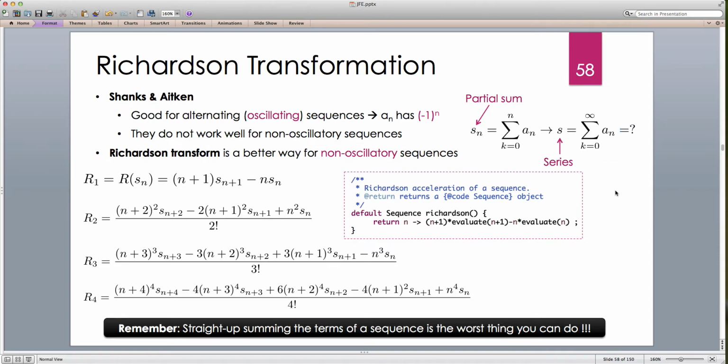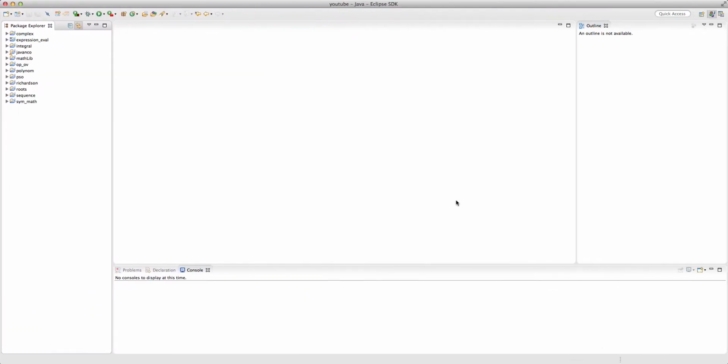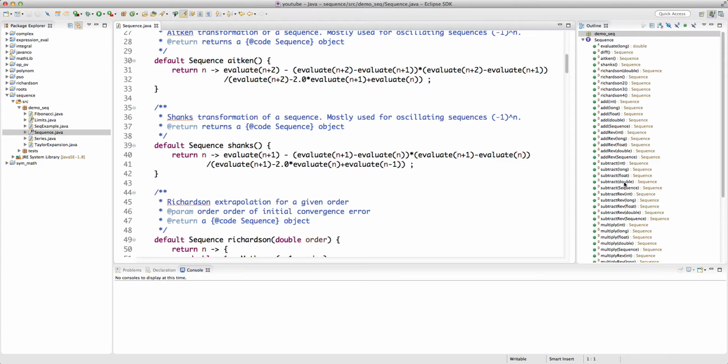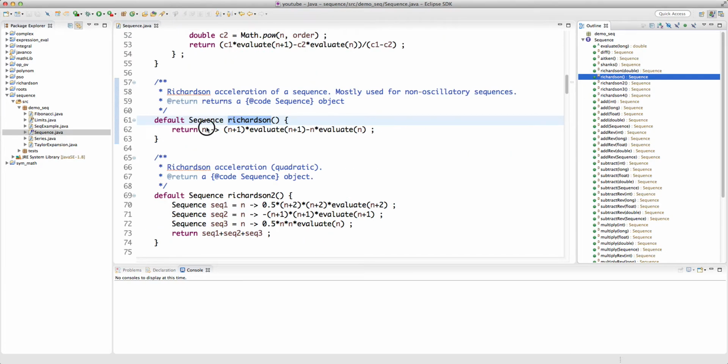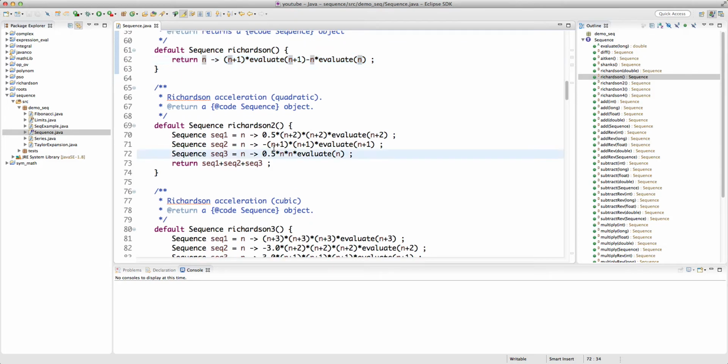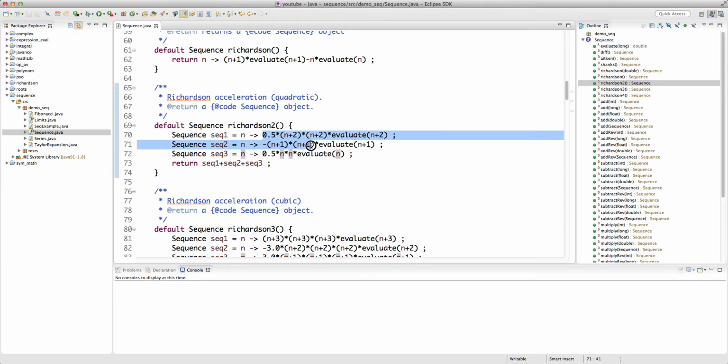All right. So if we go to Eclipse, to our sequence project, and in the sequence interface, I have already implemented the Richardson. So this is the first order Richardson, n plus 1 times a(n plus 1) minus n times a(n). The second order Richardson is half times (n plus 2) squared a(n plus 2) minus (n plus 1) squared a(n plus 1) times half n squared a(n).